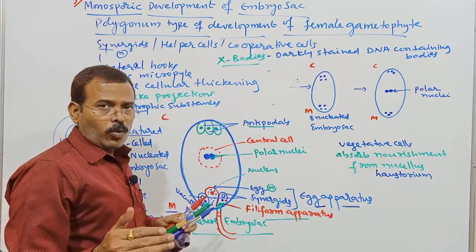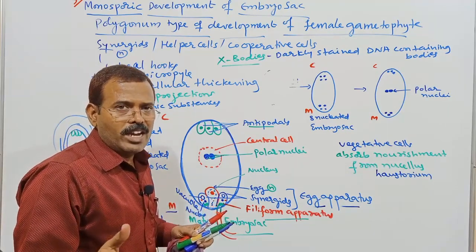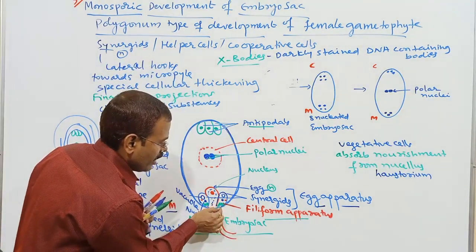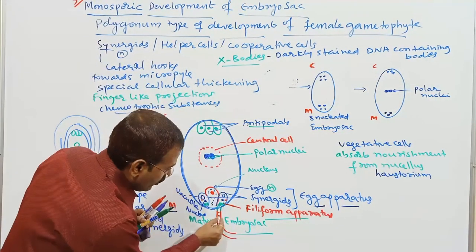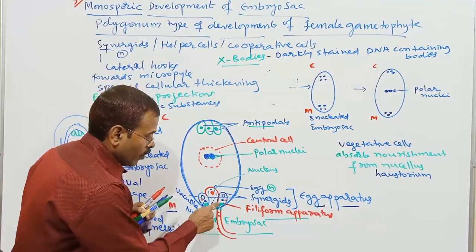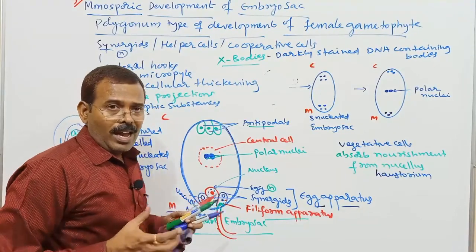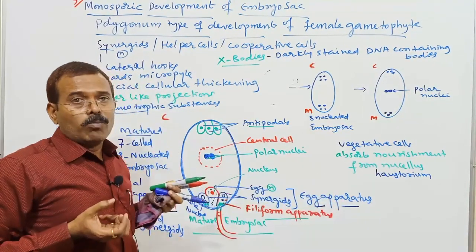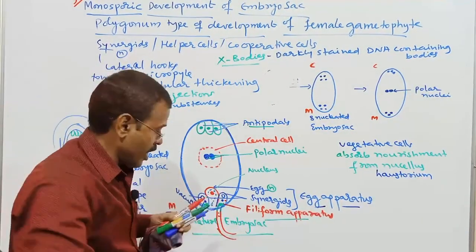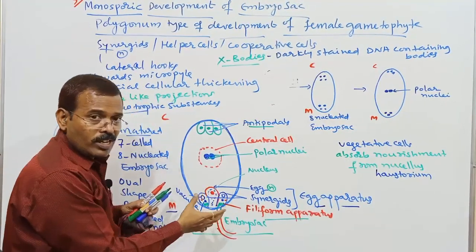One of the synergids is invariably destroyed due to the entry of the pollen tube carrying the male gamete. X bodies can also attract the pollen tube containing the male gamete towards the embryo sac.